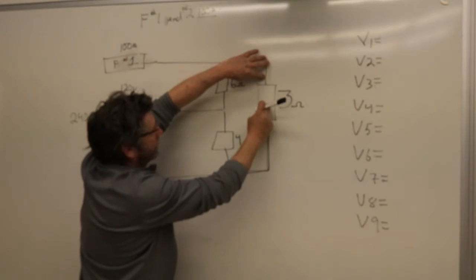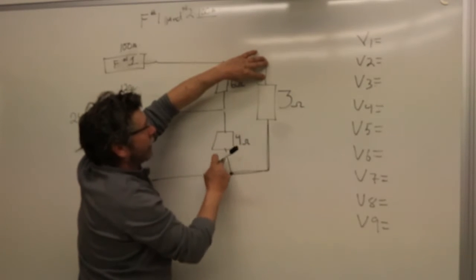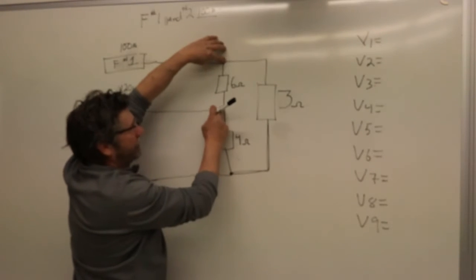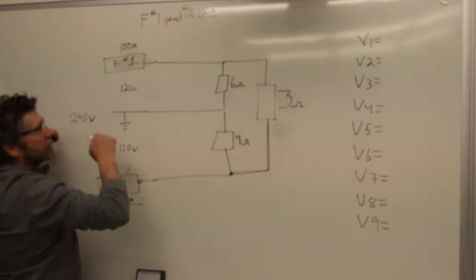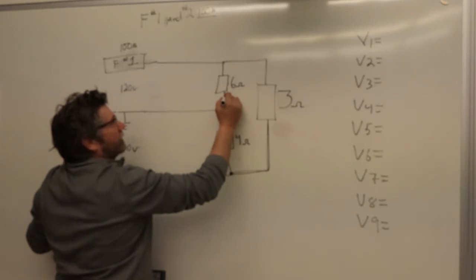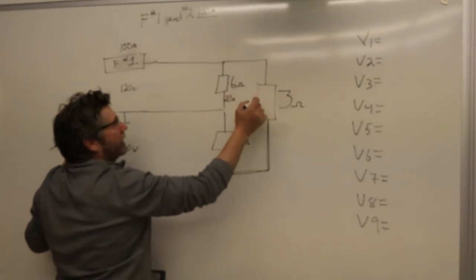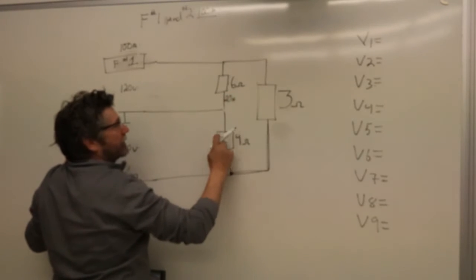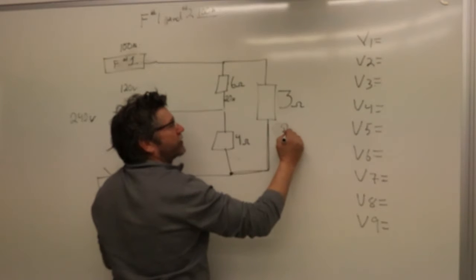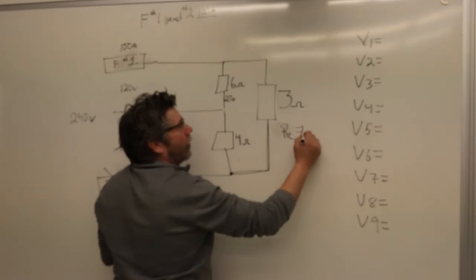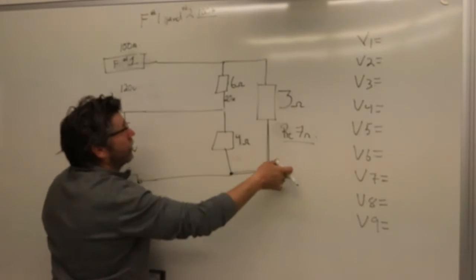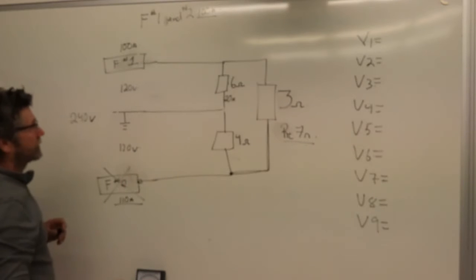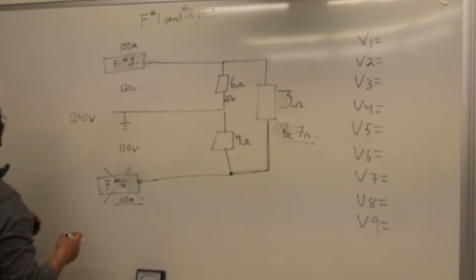The 3 and 4 are in series over 120 volts, so R total of that branch is 7 ohms. 7 ohms divided into 120 volts causes 17 and change amps to flow.